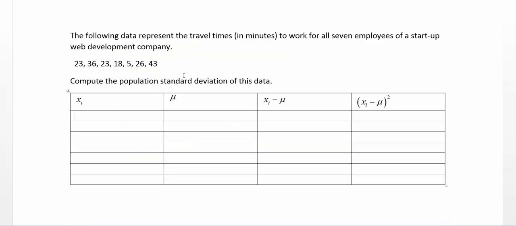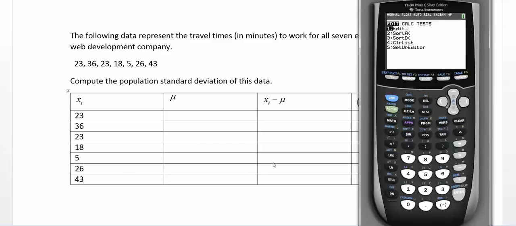Okay, so we're going to calculate these numbers, filling out this chart here. The xi simply represents the observation. So I'm going to type in the numbers, and then go to the calculator and input these same numbers into the calculator. Then I'm going to use the calculator to find the mean.